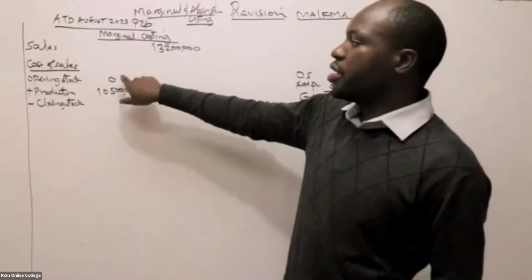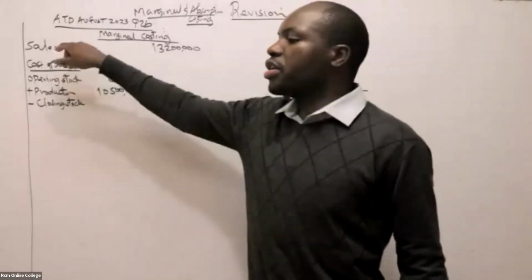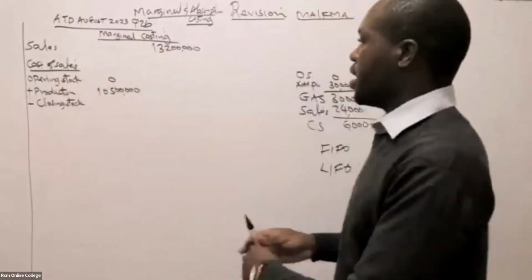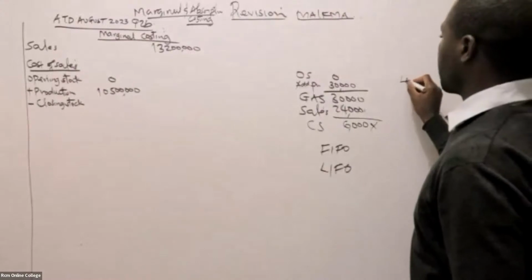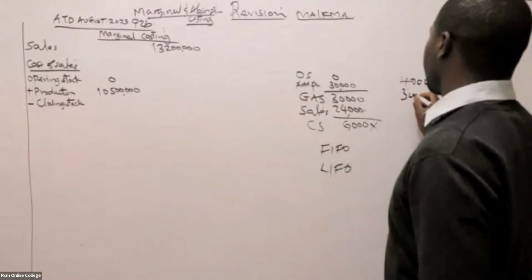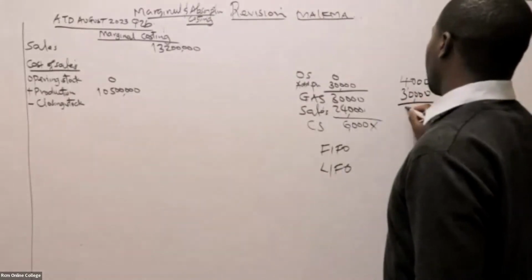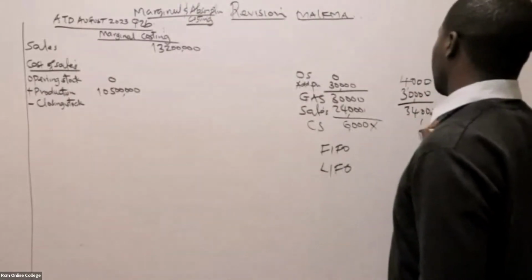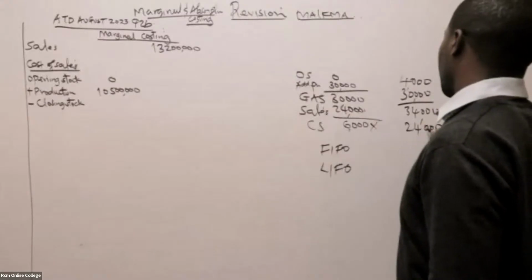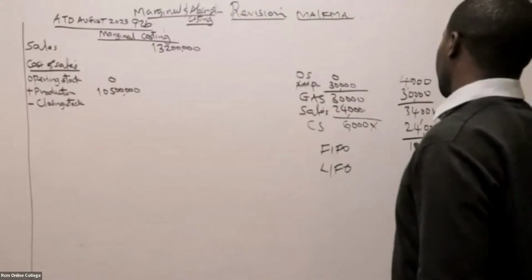So if you add opening stock, these sales will not include the opening stock. Let's say we add opening stock of 4,000, and what has been produced is 30,000. We're talking about 34,000. Then what was sold is only 24,000, so you have a closing stock of 10,000.